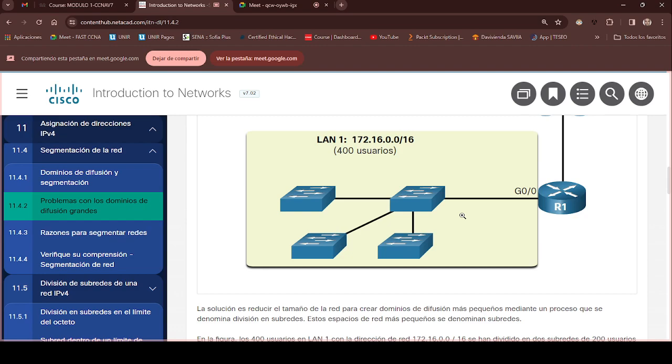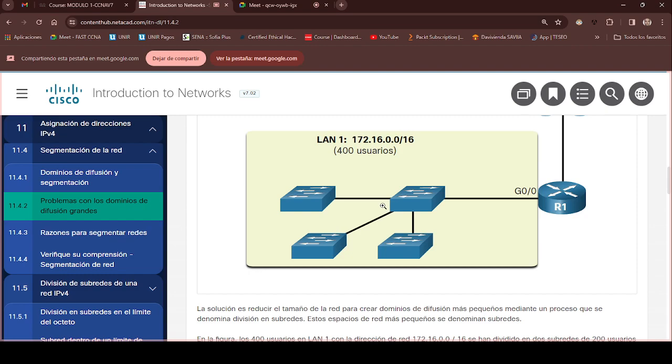Y el tráfico de broadcast que se va a generar va a ser muy denso y va a afectar el rendimiento de la red, por lo menos mientras se resuelven todas las solicitudes de DHCP, todas las solicitudes ARP request y todo lo que requiera broadcast. Eso nos lleva a la necesidad de dividir o segmentar los dominios de broadcast para que el rendimiento de la red no se vea afectado.